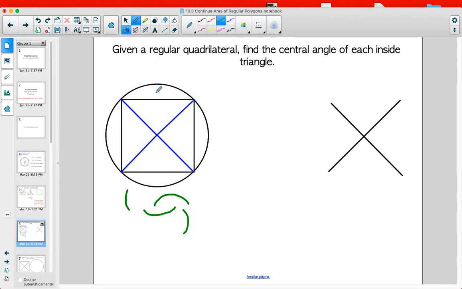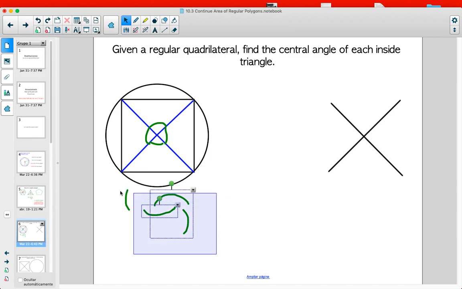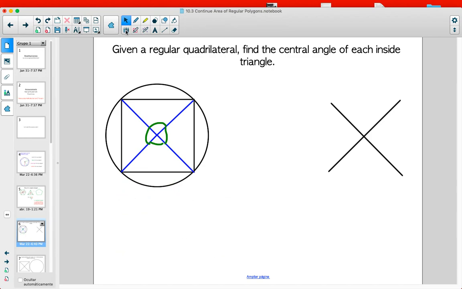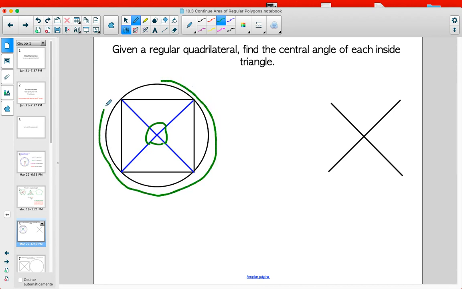So because of that, we know that central angle 1, central angle 2, central angle 3, and 4, those four are congruent. So what we are going to do is take the measure of the whole arc of the circle. Remember, the whole arc is 360 degrees.